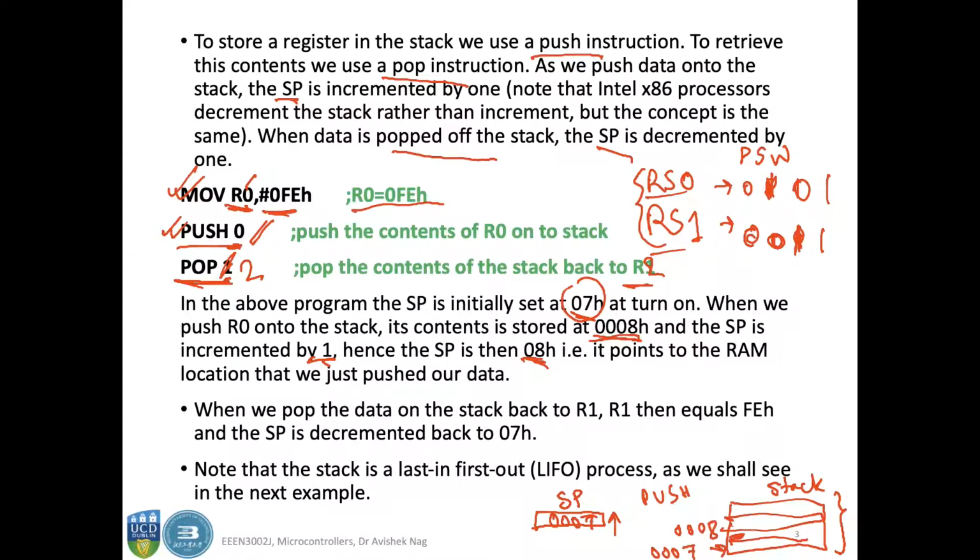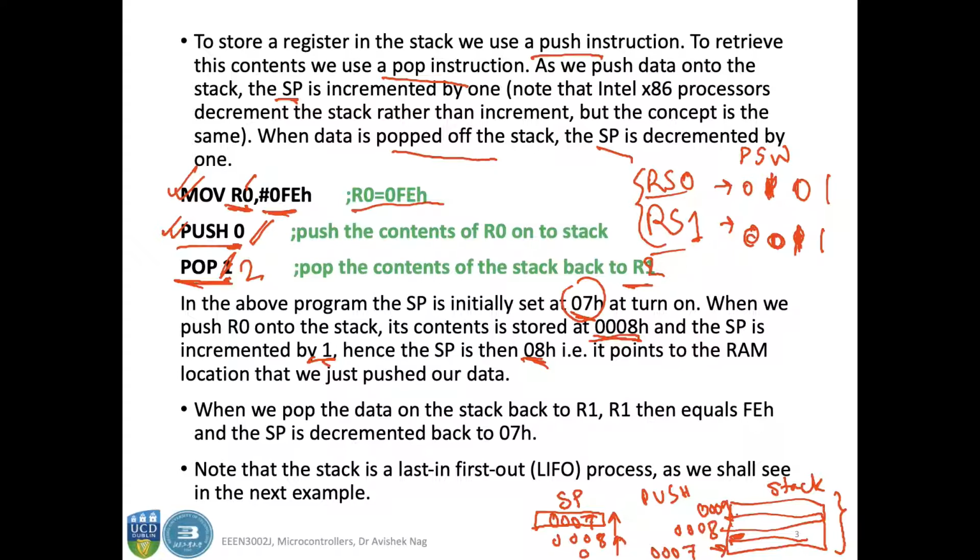Note that the stack is a last in first out process. So whatever went in last comes out first. When you push something and then pop, the final contents will come out first. So, last in first out.